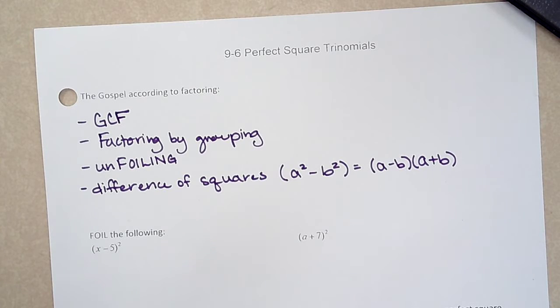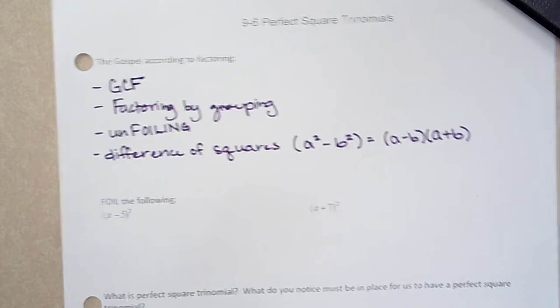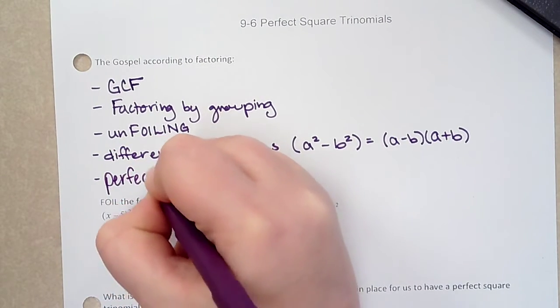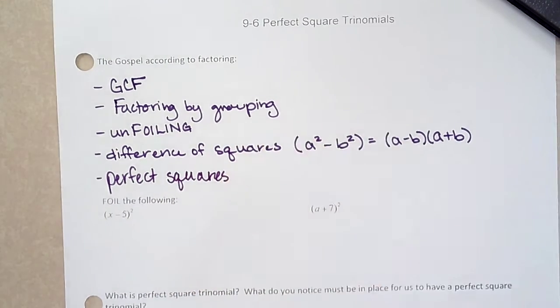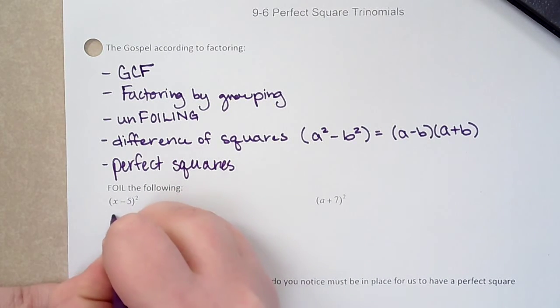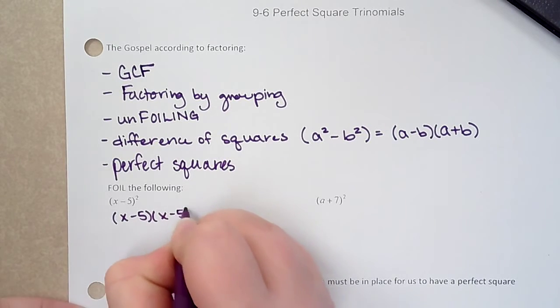We also today are going to start talking about perfect squares. So a perfect square is something that has two answers, but they end up being the same answer. So let's FOIL the following. X minus 5 squared is the same thing as x minus 5 times x minus 5.